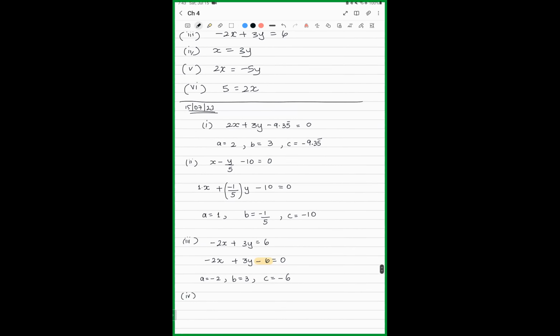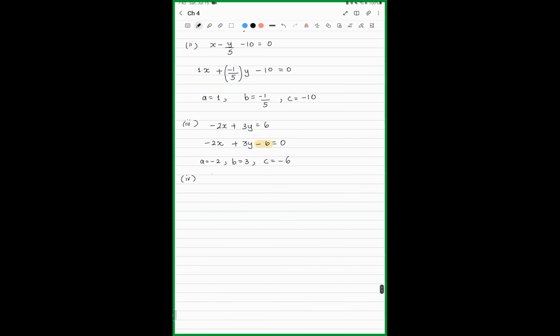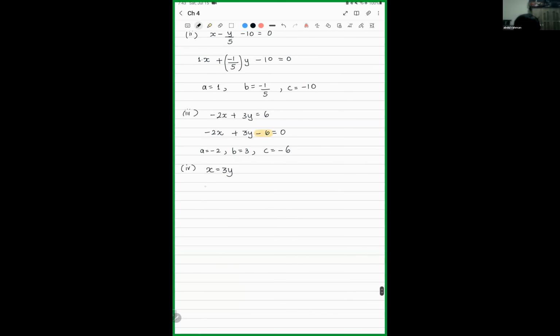Okay, Abdul Rahman, x is equal to 3y. What's the standard form? Wait, let me think.